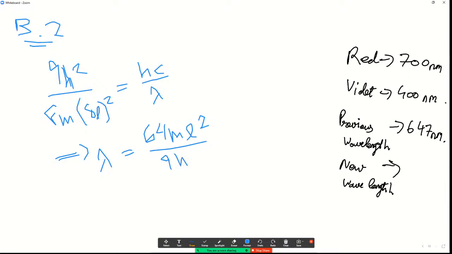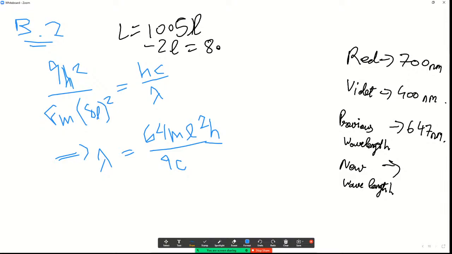So 10.5 minus 2 is 8.5. Wait, what? We have originally capital L equals 10.5 L. And they have told us to subtract 2 interatomic distances. So 8.5 L. Oh yeah, 8.5.